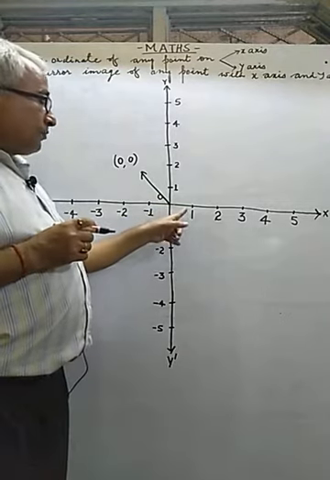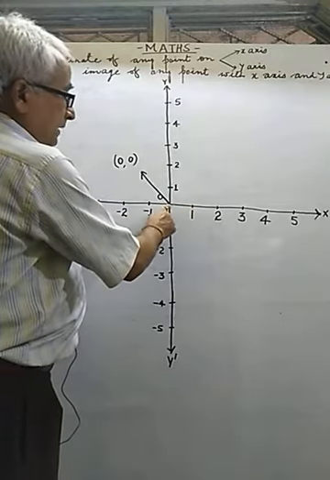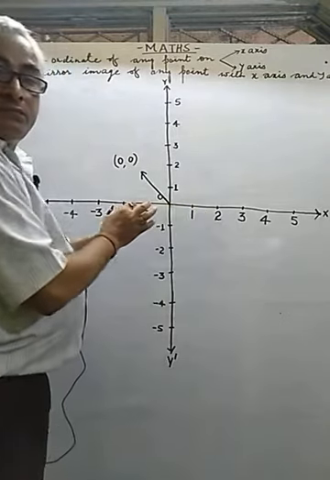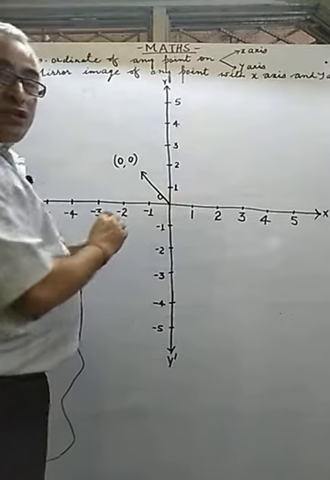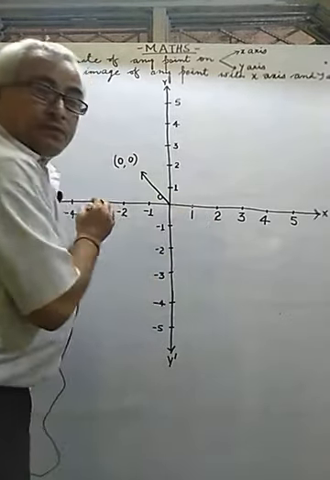Now go to this one. At this place the value of abscissa is 1 but the value of ordinate is 0. So what will be the coordinate of this point? Abscissa is 1 and ordinate is 0 here. So the coordinate of this point will be (1, 0), abscissa, then ordinate.